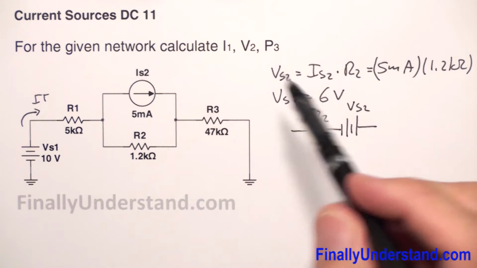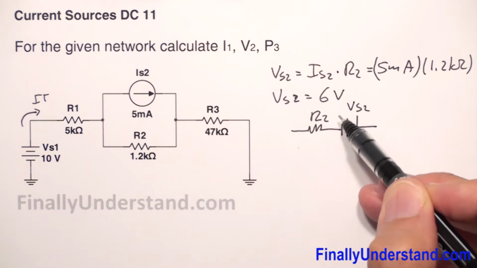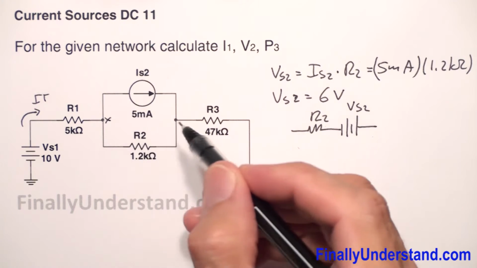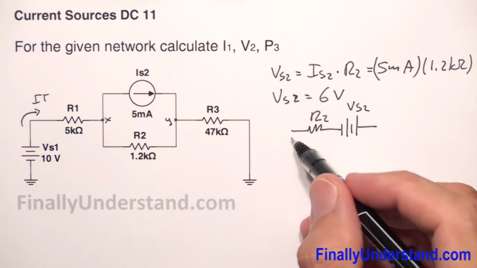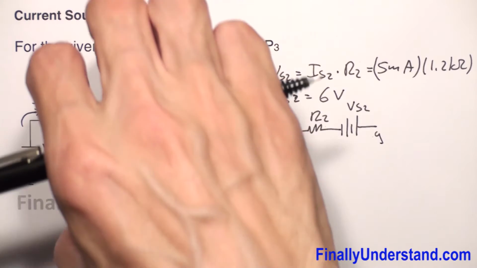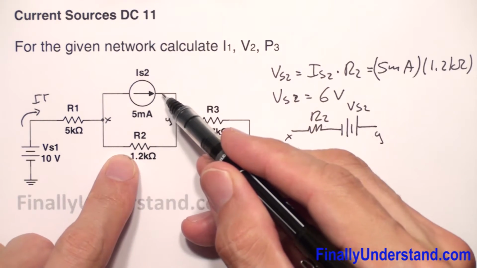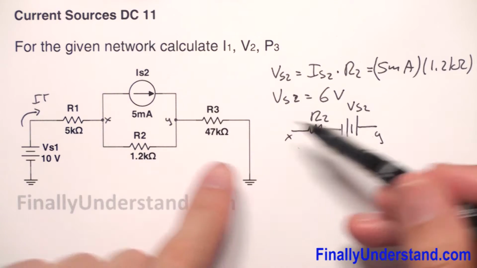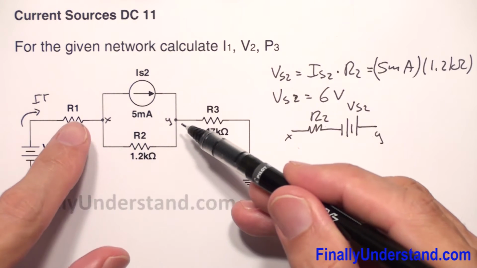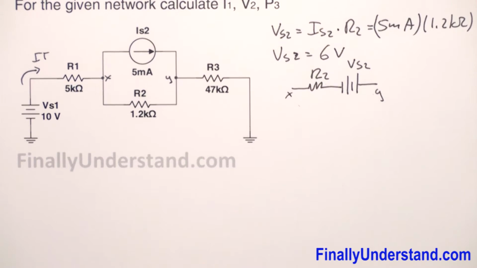So now I'm supposed to replace this part of the circuit by this. Let's call this my point X and this is my point Y. So I have to remove this part of the circuit, and instead of this I have to put this.